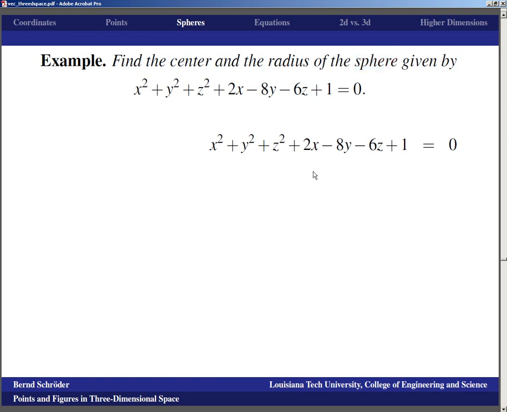So one of the ways to handle equations like these is that we're looking first at all the stuff in x, that's x squared plus 2x. Well, the equation of a sphere doesn't have linear terms in x, but we know we can get rid of those things by completing the square. So I can look at x squared plus 2x, the term that completes the square is 1, and I'm going to just subtract the 1 in the same breath, so I'm not changing anything.